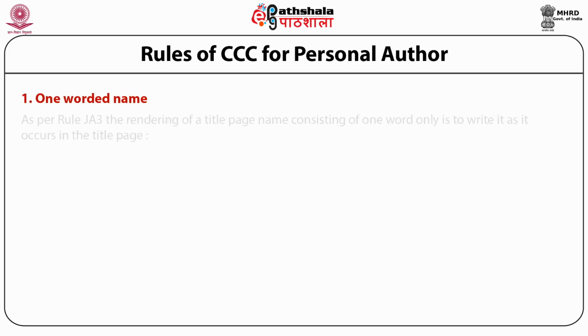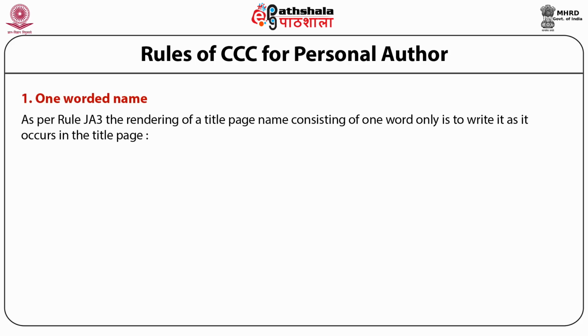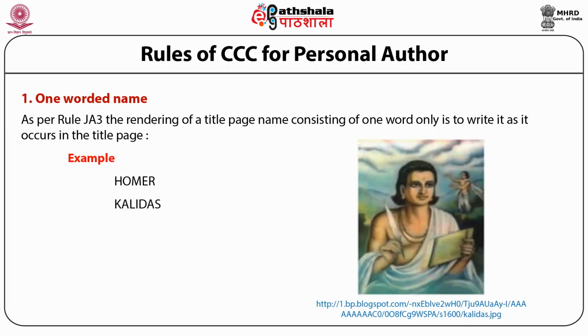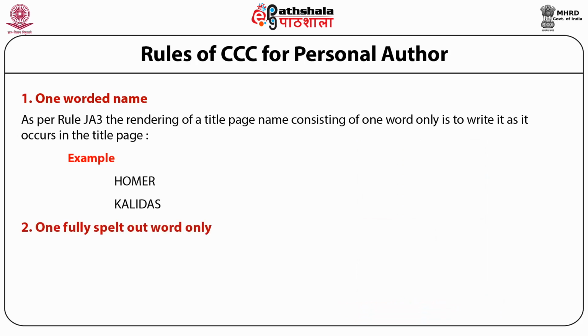One-worded name. As per rule JA3, the rendering of a title page name consisting of one word only is to write it as it occurs in the title page. For example, Homer, Kalidas. One fully spelled out word only.